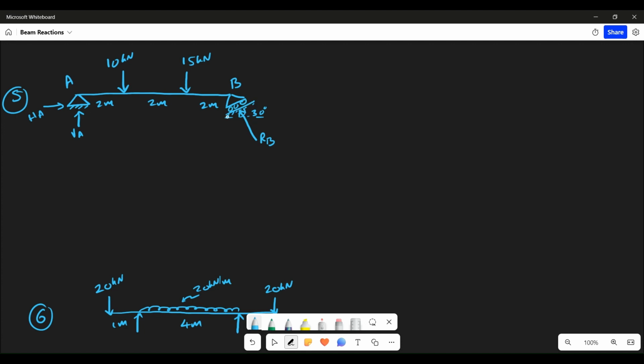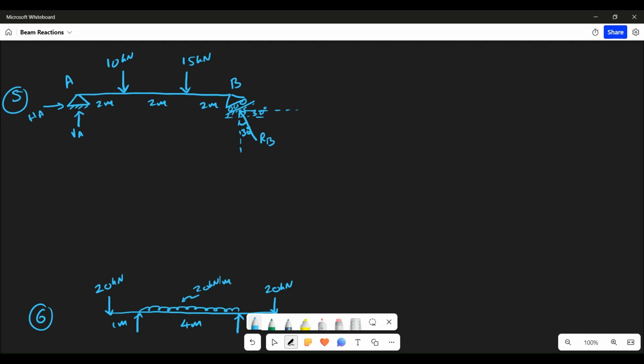So if the roller is at 30 degree from horizontal, RB will be at 30 degree from vertical because these are perpendicular to each other. So this angle will be 30, and this will be 30 degree again. Okay, so now you need to take two components of this RB.